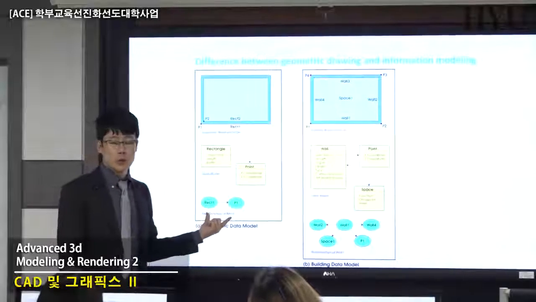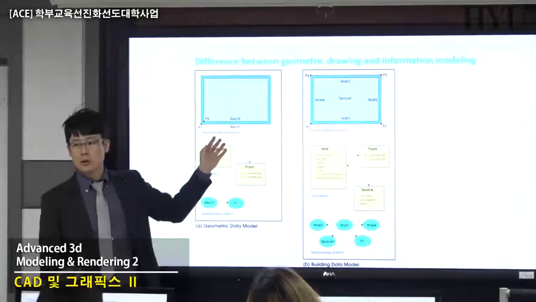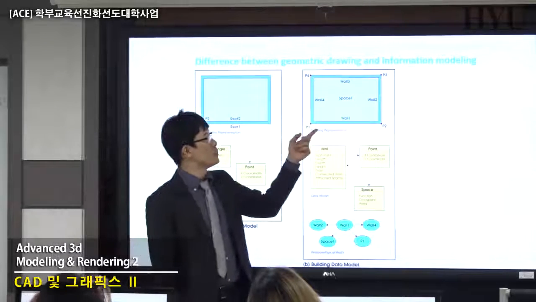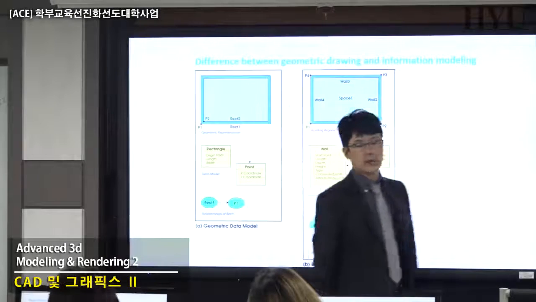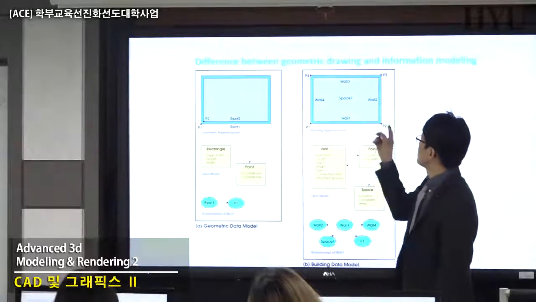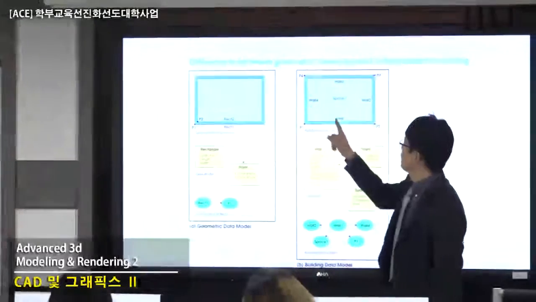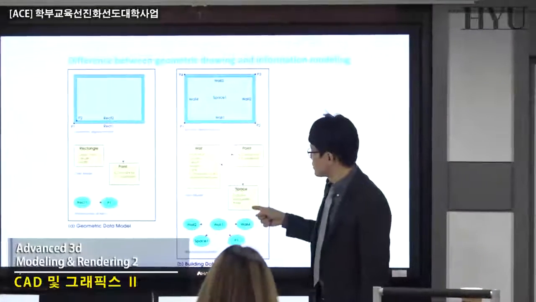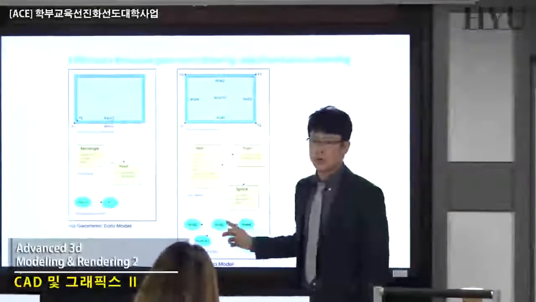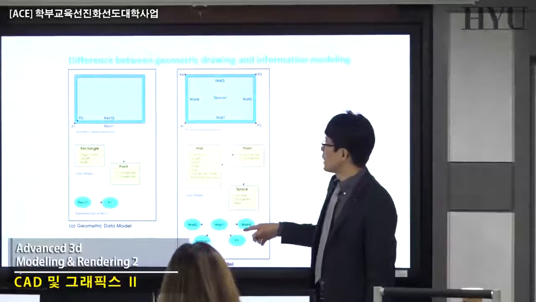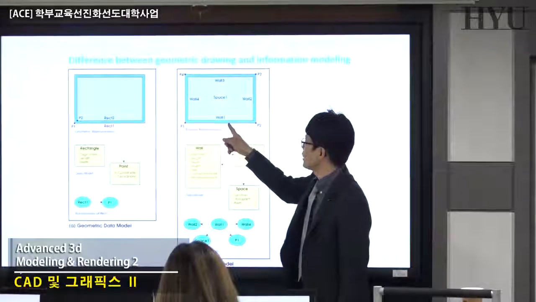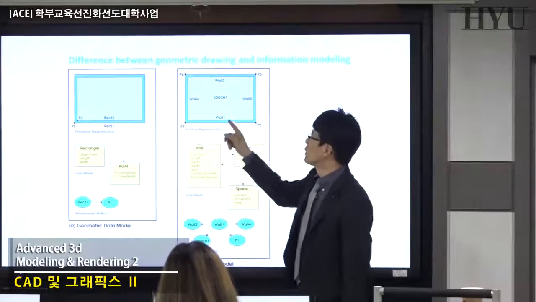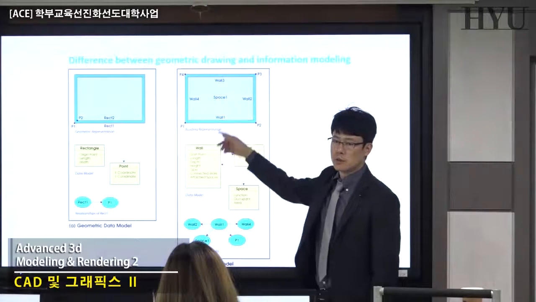Point and rectangle relationships, in terms of topology and geometry. That's it. But within a BIM system, the computer understands four points and more, four walls, and one single space, and the relationship diagram is much more complicated. We can recognize wall 1 has a connection to walls 4 and 2, not 3 directly, something like that.